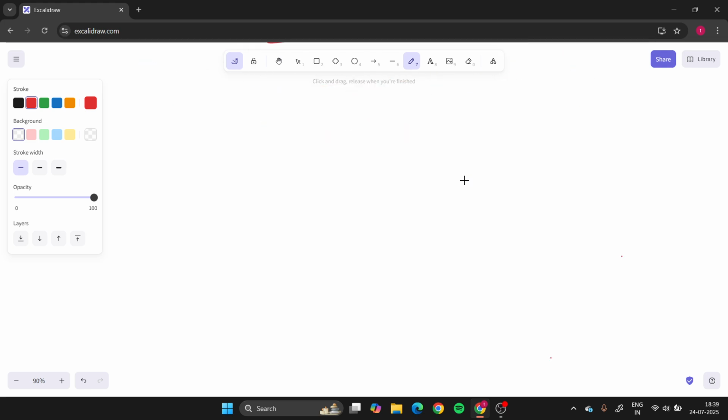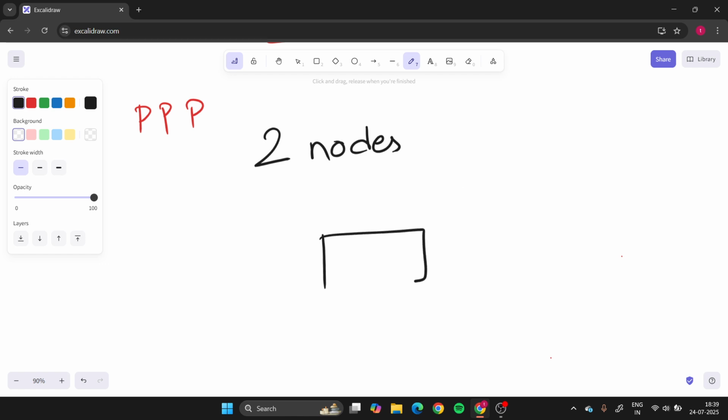So the next protocol we'll be seeing is called point to point, or PPP. This protocol is used for direct connection between two nodes. So it is not widely used now. It's all because obviously it's only between two nodes. So if there is, say, a computer and an ISP modem, these are two nodes, and here we'll see PPP happening, which is point to point.